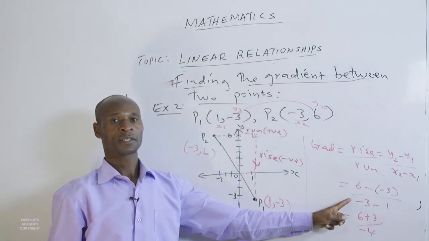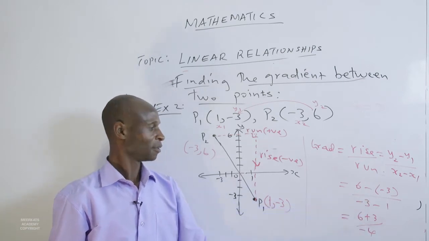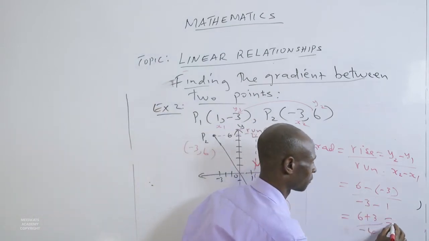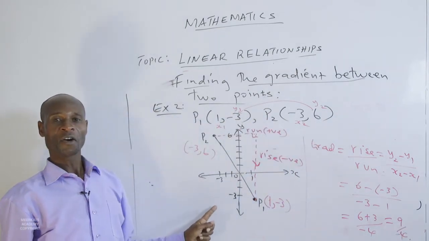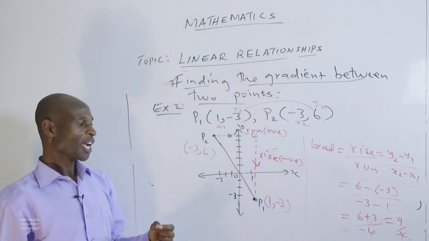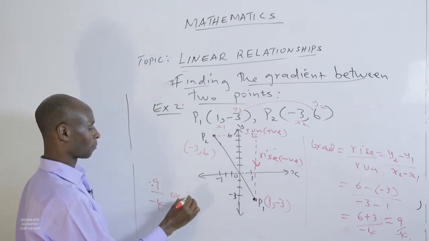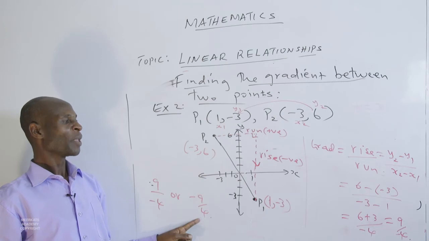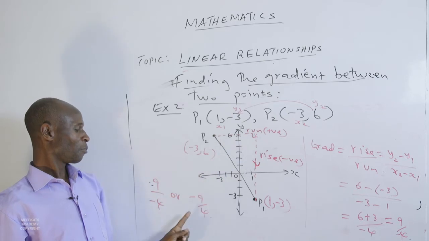So 6 minus minus 3 is the same as 9, because minus minus gives us positive. So the gradient of the line is 9 divided by negative 4, which we can write as negative 9 over 4, because the rise is negative in this case and the run is positive.